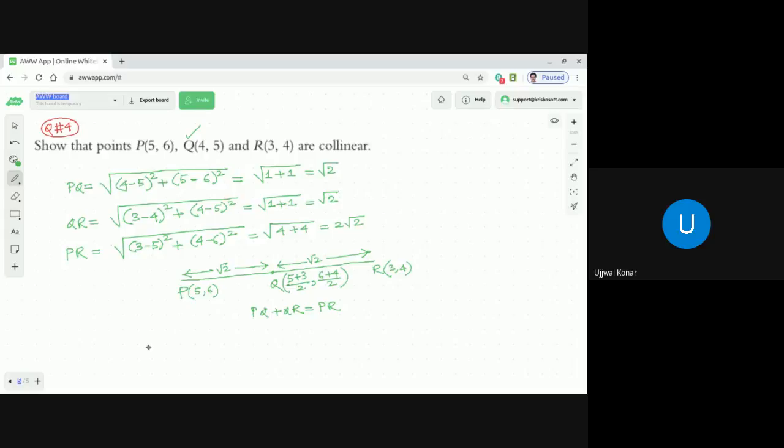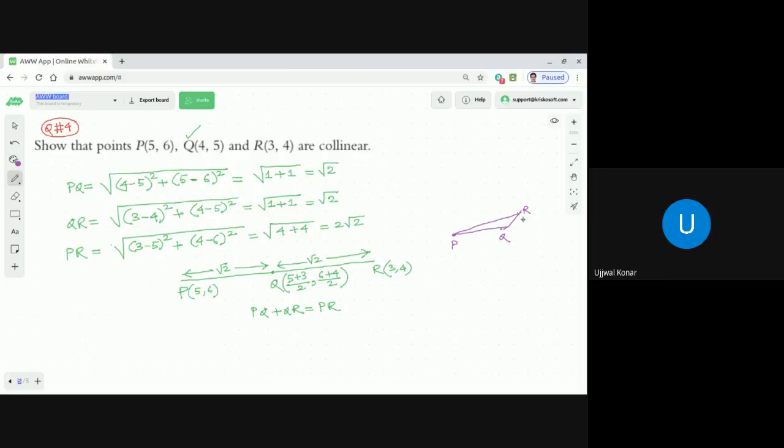So, Shivali, if you have any slightest doubt, what I can say is that if you find that PQ plus QR is not PR, then definitely they are not collinear. So it could be somewhere else. Suppose if I use a different color, suppose this is the point P, this is the point Q, and this is the point R. Then if you add PQ plus QR, it cannot be equal to PR.